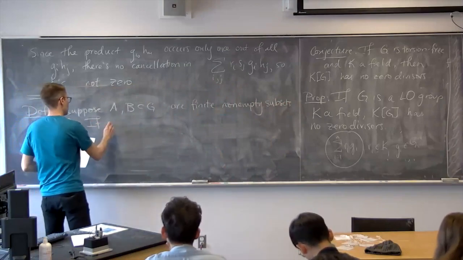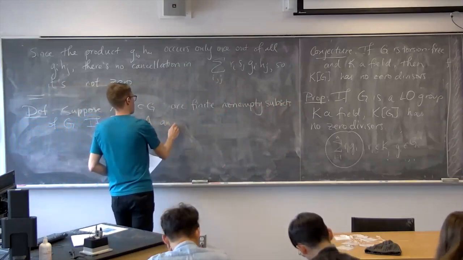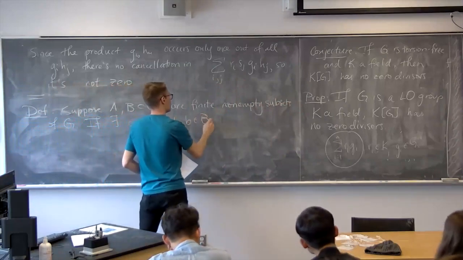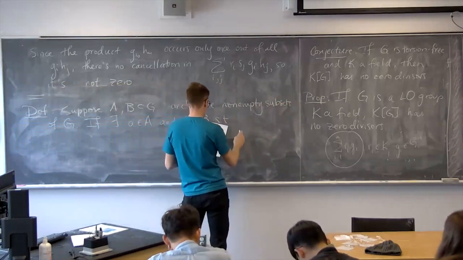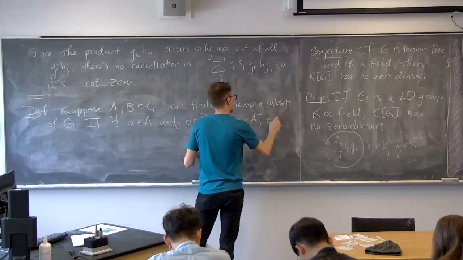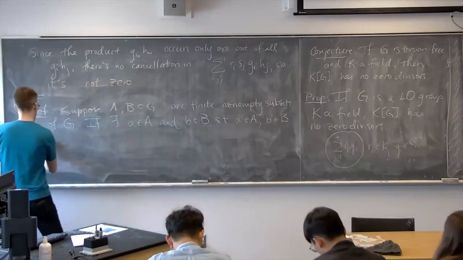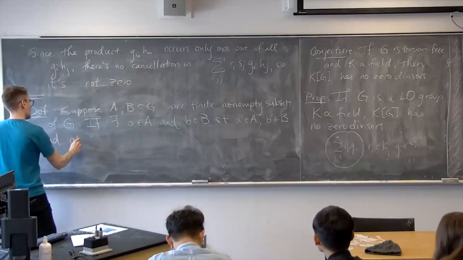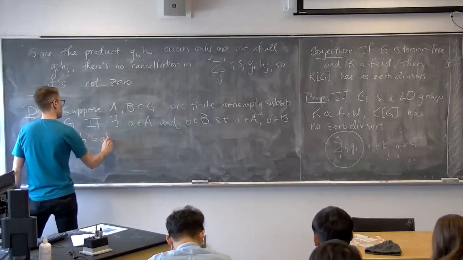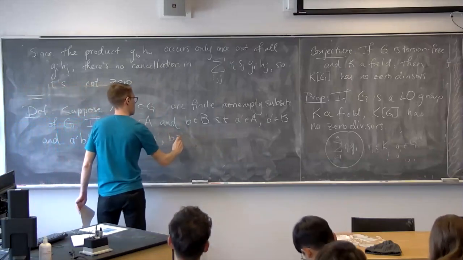So if there exists a in A and b in B such that for a prime in A, b prime in B, a prime b prime equals ab implies a equals a prime, b equals b prime.